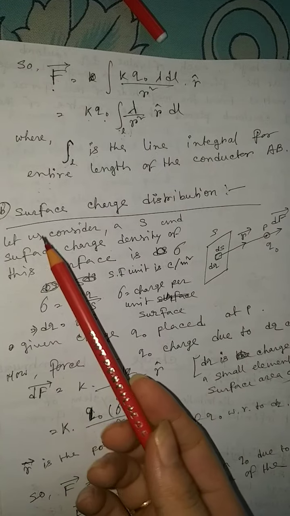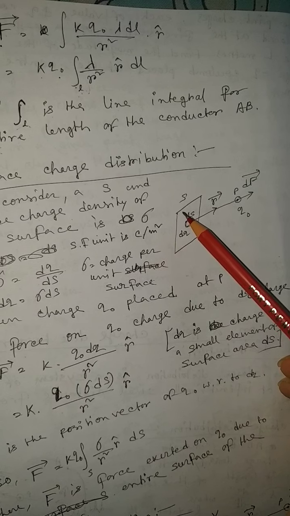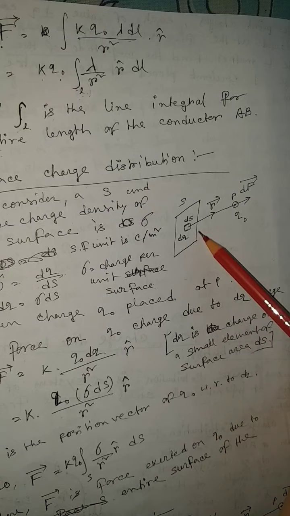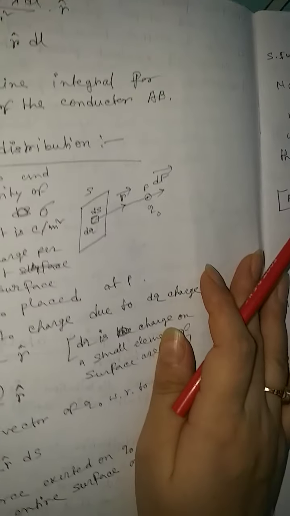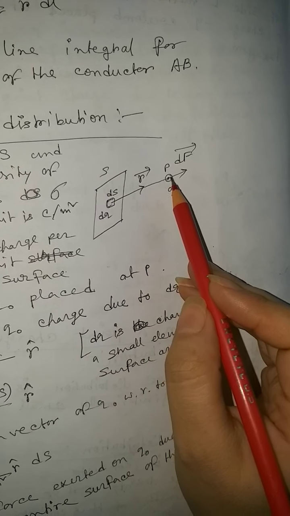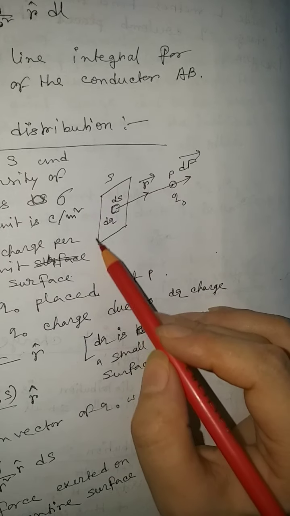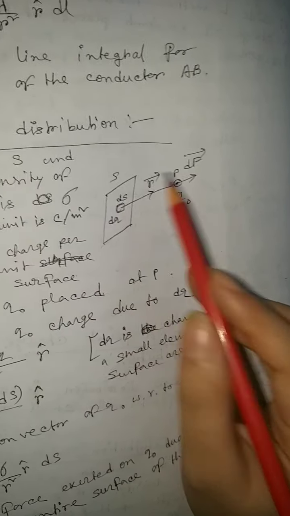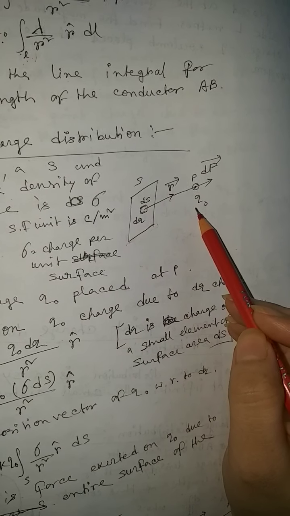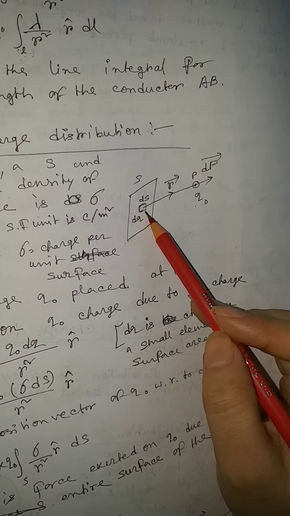Now the second one is surface charge distribution. So you can see here I am taking a surface of a conductor and here I am going to find force on q naught charge which is placed at a distance from this surface area. Clear? So r vector is the position vector of q naught with respect to ds area.